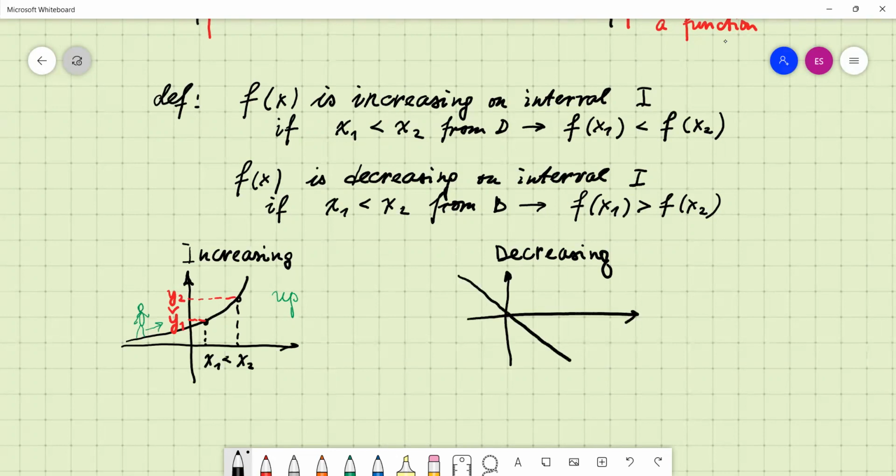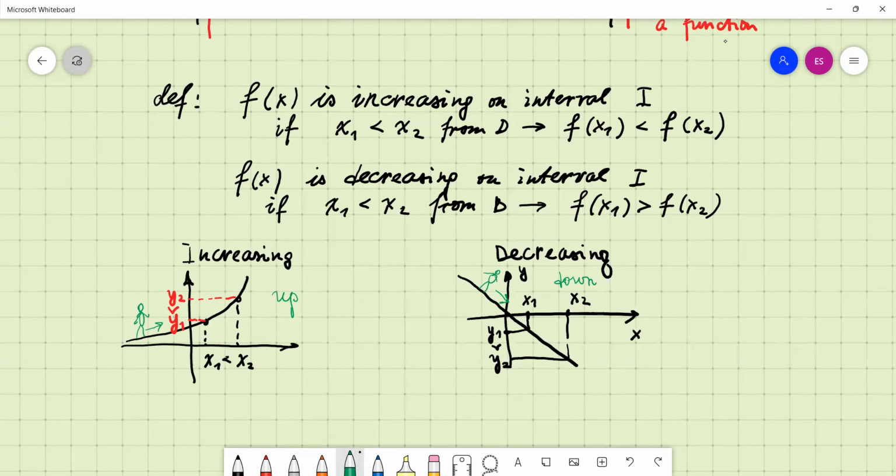Well, something like this. It's a straight line. x here, y here. You pick x1 and x2, and you see that obviously y1 is greater than y2, greater because it's going to be above. For a decreasing function, if you imagine somebody walking in the positive direction of the x-axis from the left to the right, he goes down. So a decreasing function goes down and an increasing function goes up.